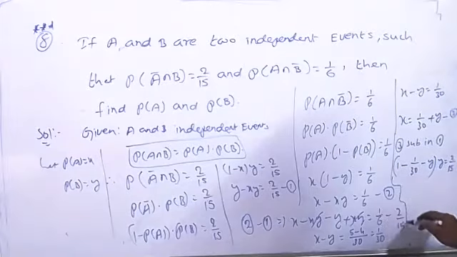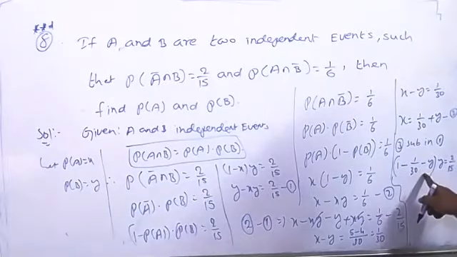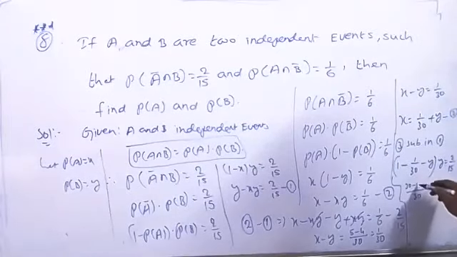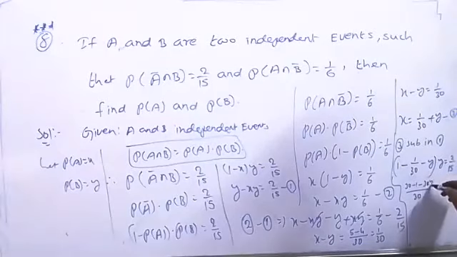Now simplify this value. Taking 30 as the LCM, 30 minus 1 minus 30Y into Y is equal to 2 by 15.